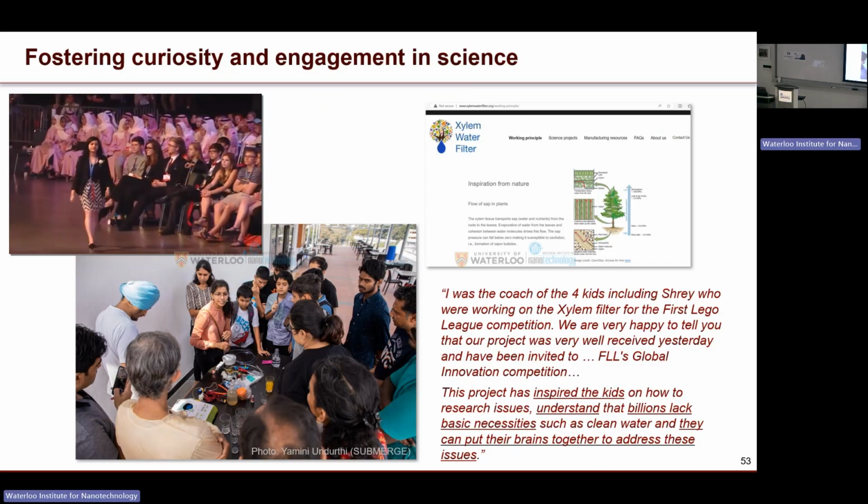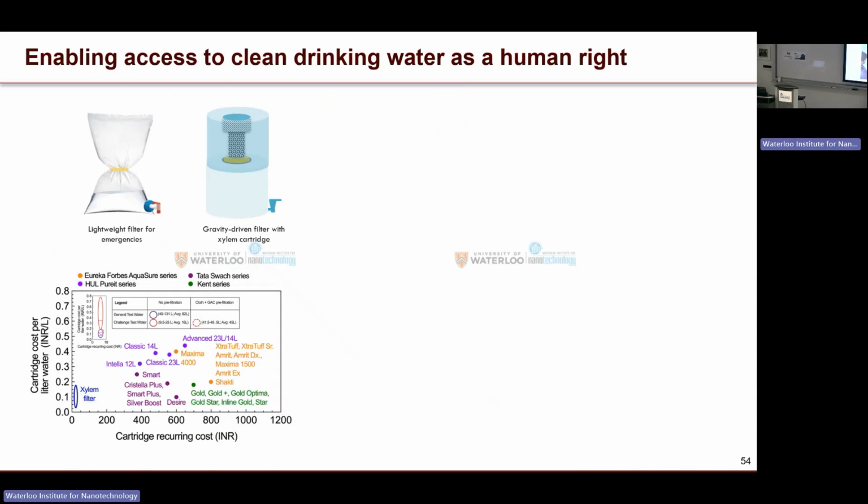And we have this website which is designed more for science experiments, and a lot of good feedback, including from a coach of school students, saying that this project inspired the kids on how to research issues, understand that billions lack basic necessities, and they can put their brains together to address these issues. So it was really heartening to see the engagement in science that something like this brought about.